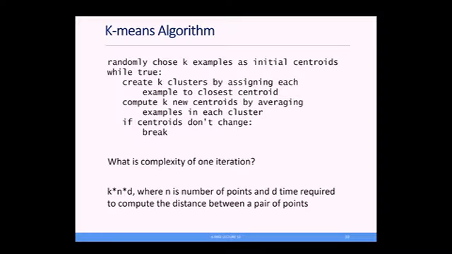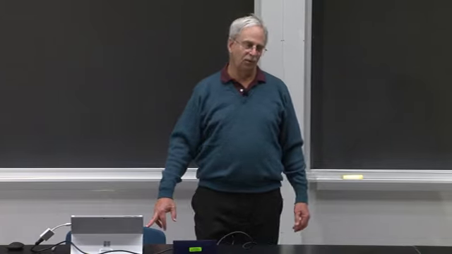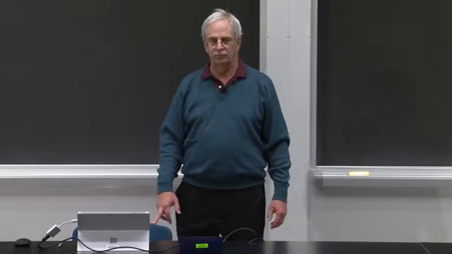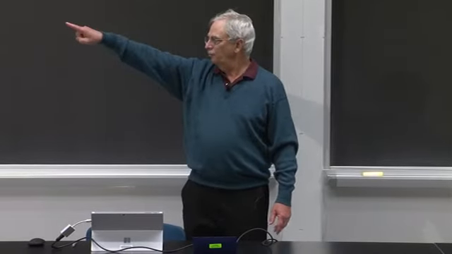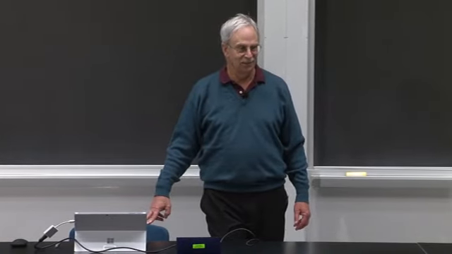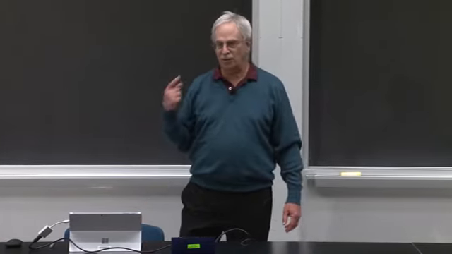So that's k times n times d, where d is how much time each of these comparisons takes, which is likely to depend upon the dimensionality of the features, just the Euclidean distance, for example. But this is a way smaller number than n squared, typically. So each iteration is pretty quick.